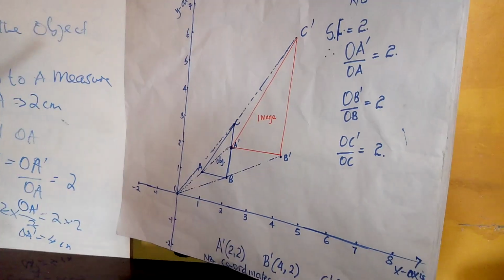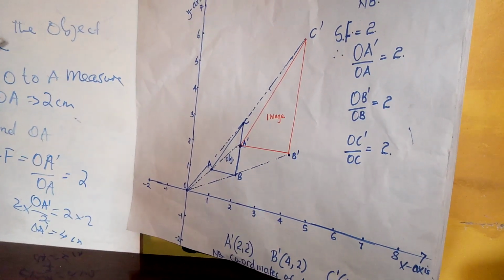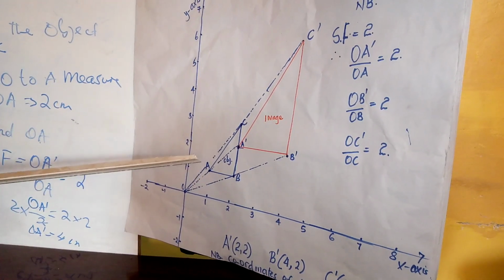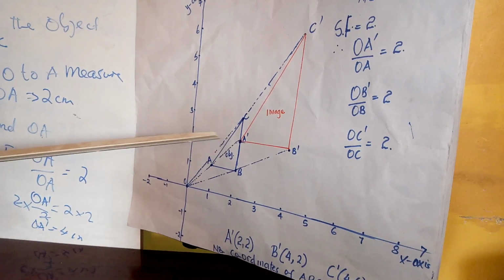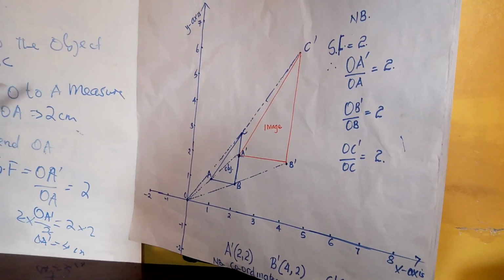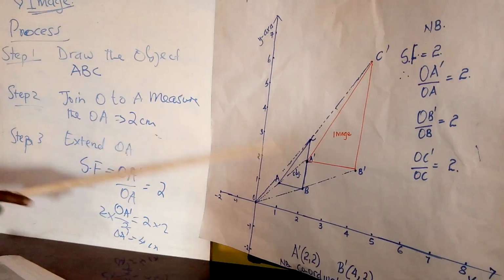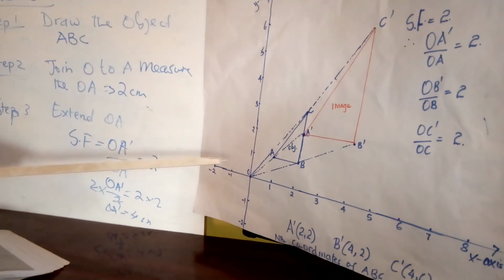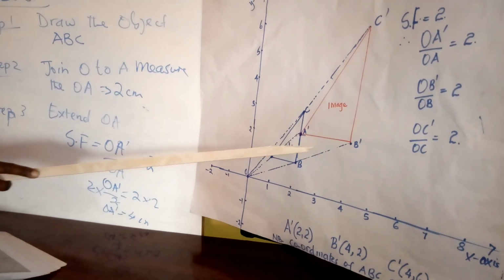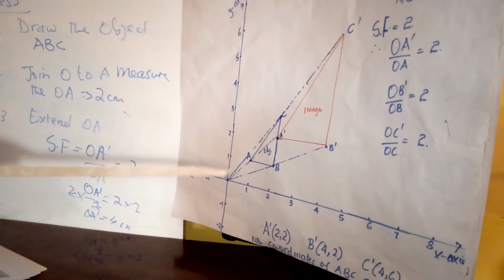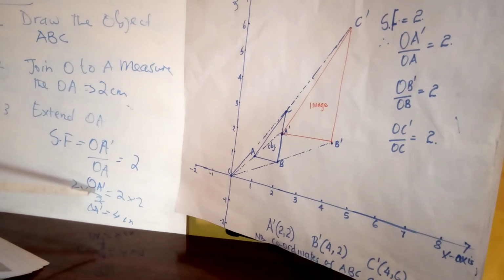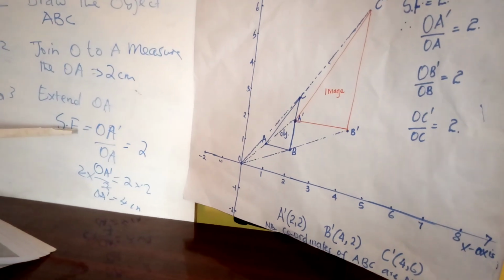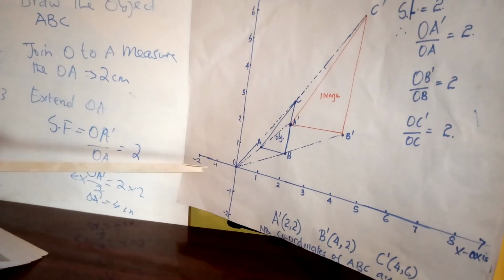Now, for you to be able to get the image of B and C, you are going to repeat the same process as you have done to get A prime. So you'll join O to B, and then measure OB, then extend the line OB, and then to get the scale factor, it is OB prime over OB.